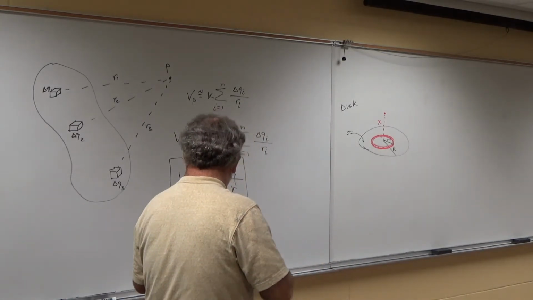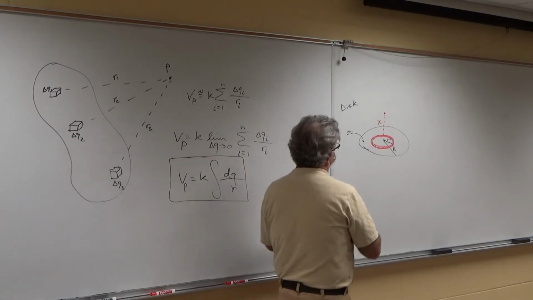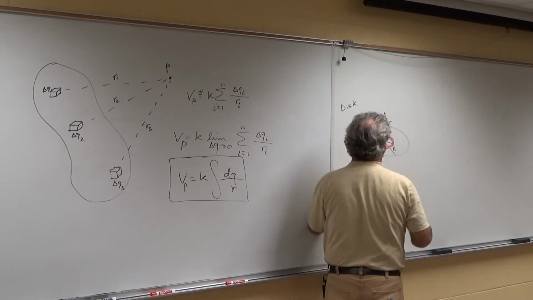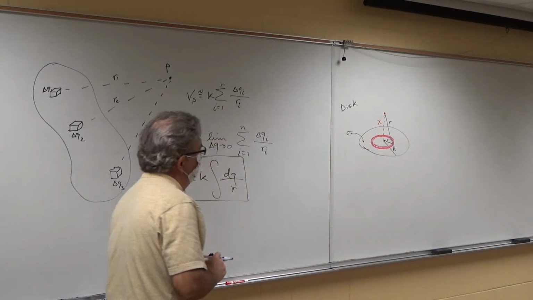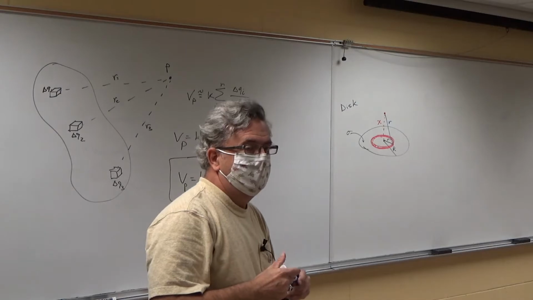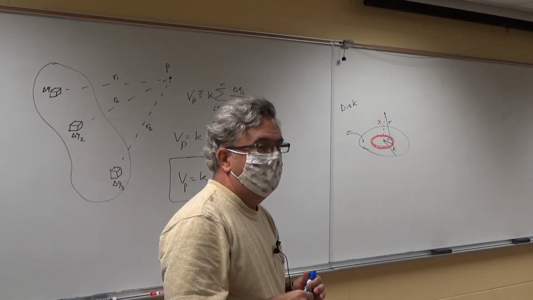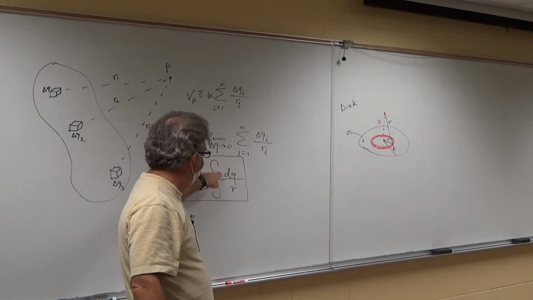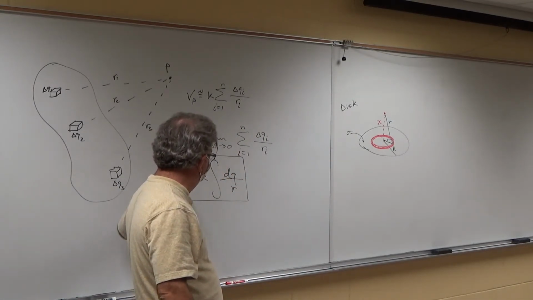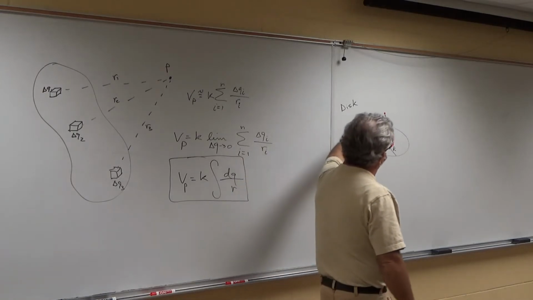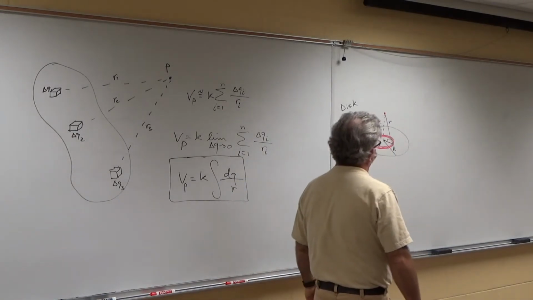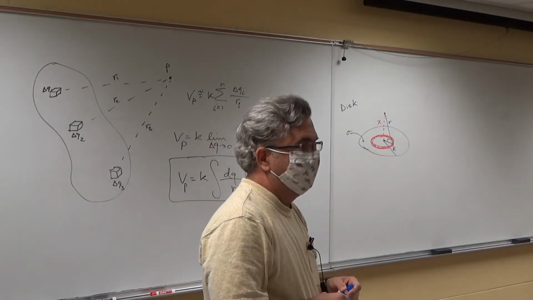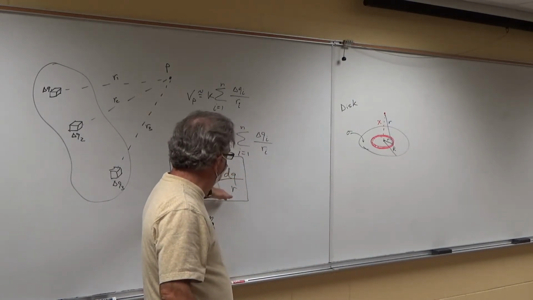That means that this distance is R, right? The distance from wherever dq lives to the point of interest, which is up here, that's R. Okay? So I'm going to fill in the blanks for this integral.